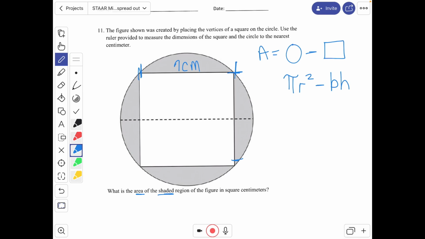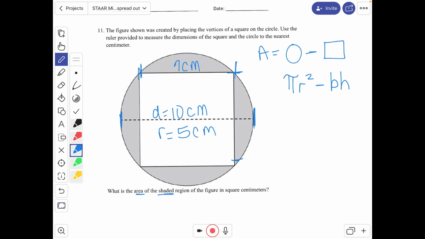To find the radius, since I really can't see where the middle is, I'm going to go ahead and measure from one side of the circle to the other side of the circle. And if you measure the entire circle, you get 10 centimeters. So if I want the radius, I would need to divide that in half, which would be 5.